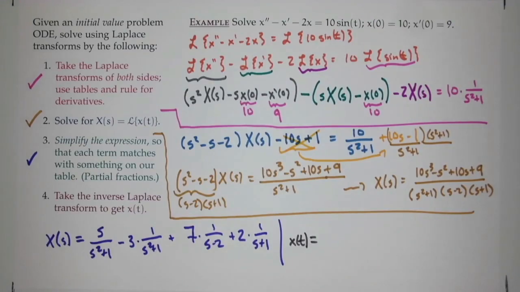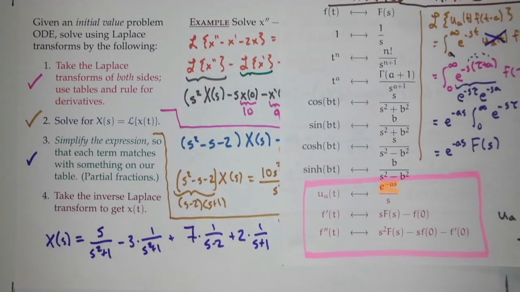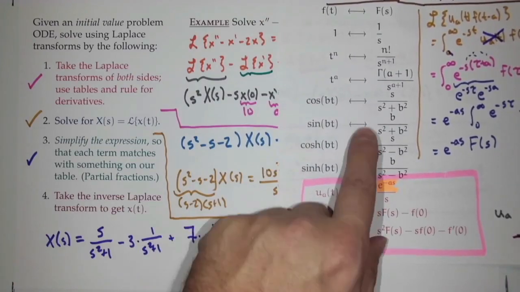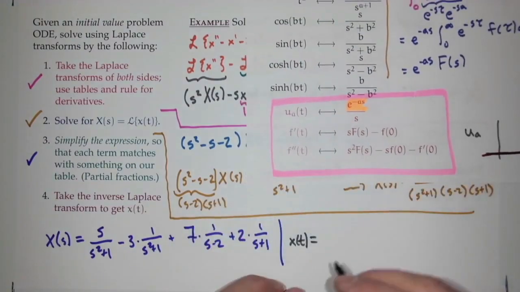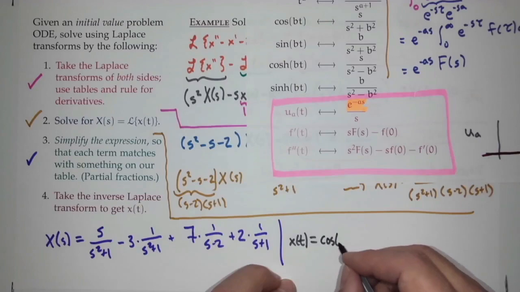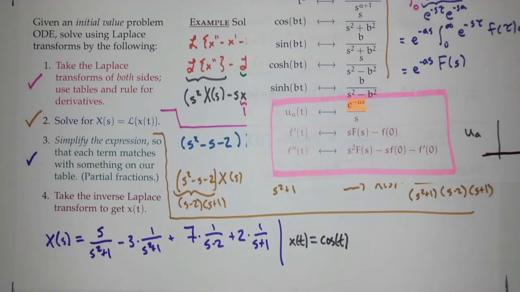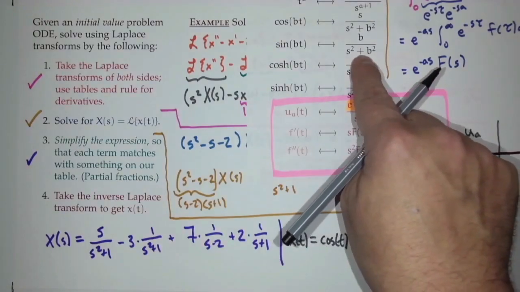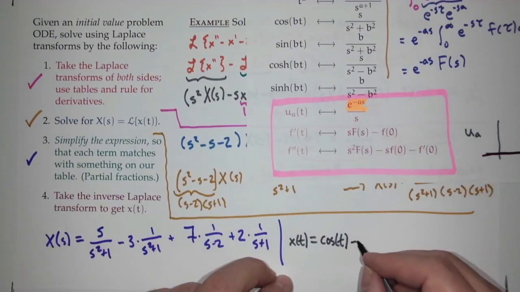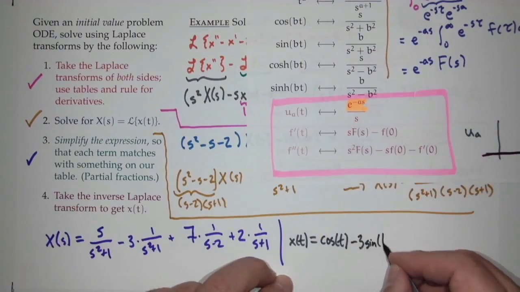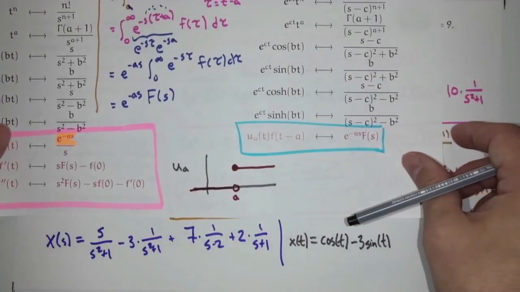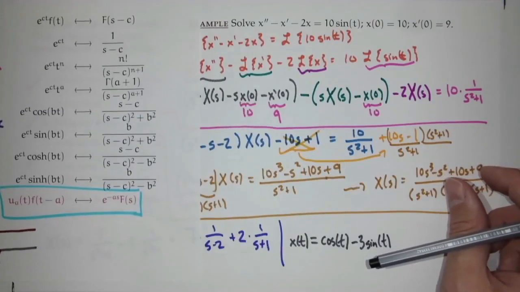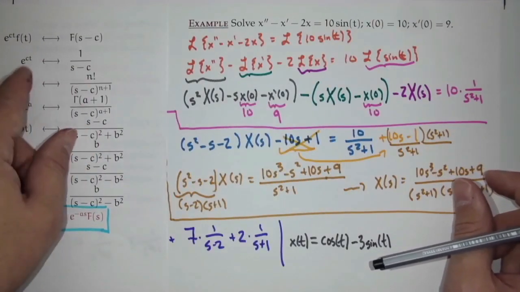Now we start scanning our table. Do we see anything that looks like an s over s squared plus 1? So that becomes cosine, so cosine of t. How about 1 over s squared plus 1? Yeah, what is it? Sine. So don't forget there's a minus 3 attached, so minus 3 sine of t. s minus 2: e to the 2t.